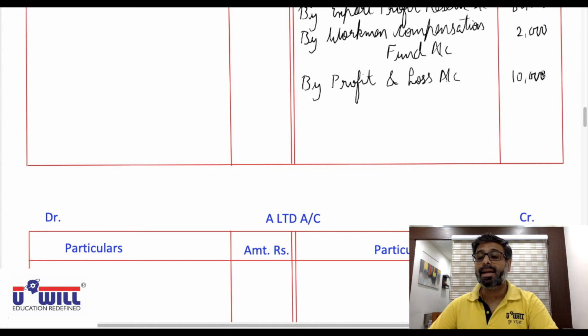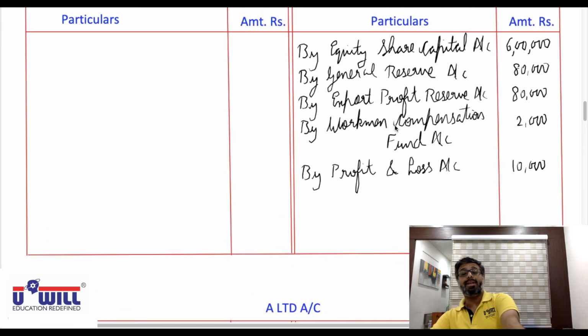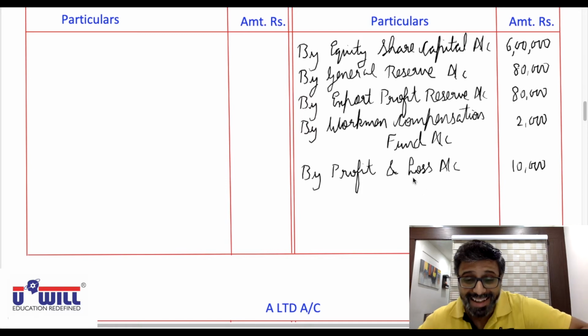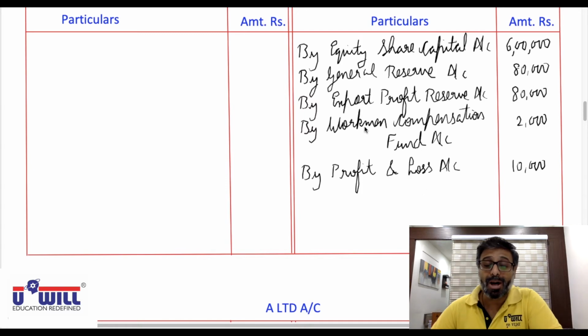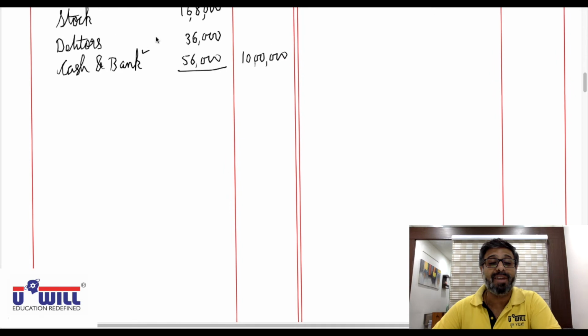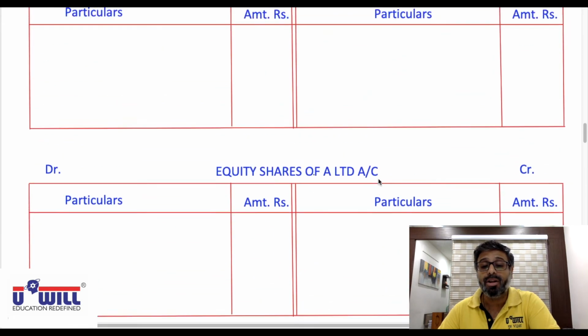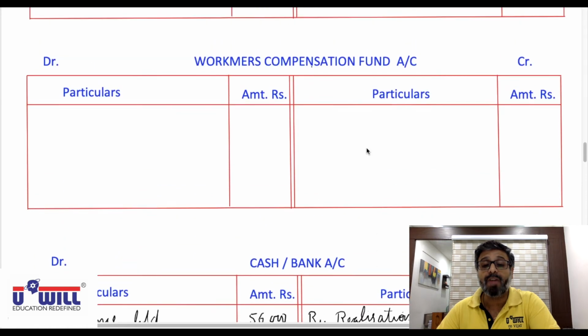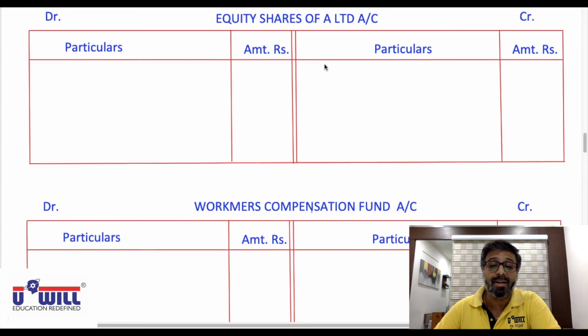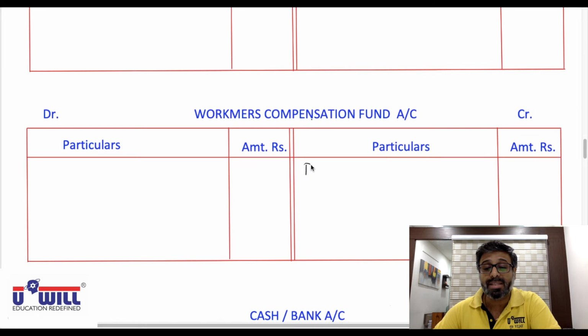Now here again it is a closing entry, so it will have a single effect only, right? No. Again no, because like here cash and bank account we were making, so we gave the opposite effect in cash and bank account. Same way, which other account are we making? Workmen's compensation fund. So first you write workmen's compensation fund, being a liability, it's a credit balance, right?